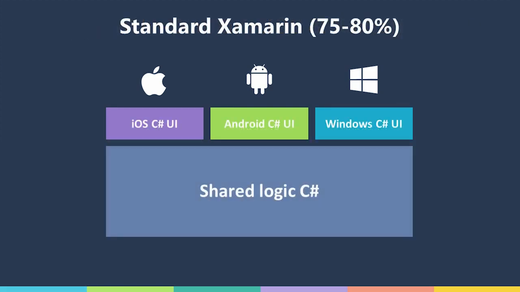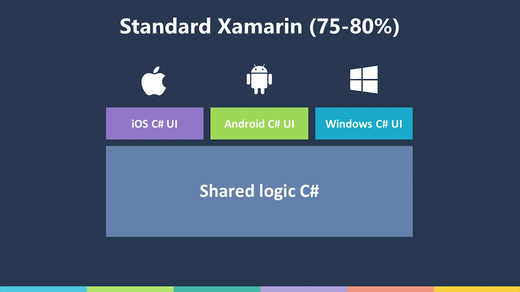The most common approach for Xamarin is sharing a bulk of code across platforms. There are, of course, platform projects that contain UI definitions specific for each platform and some services that execute platform-specific API instructions.